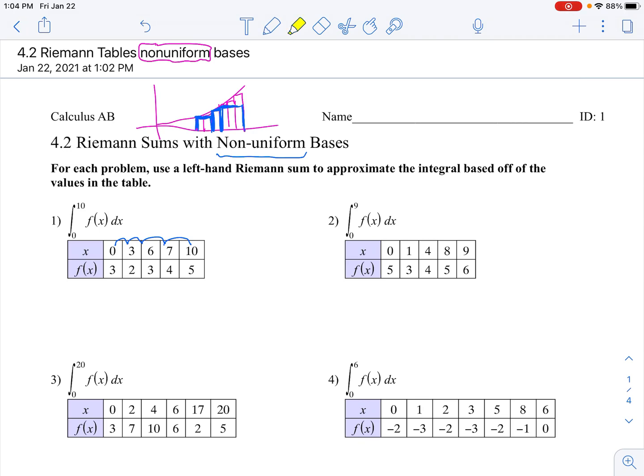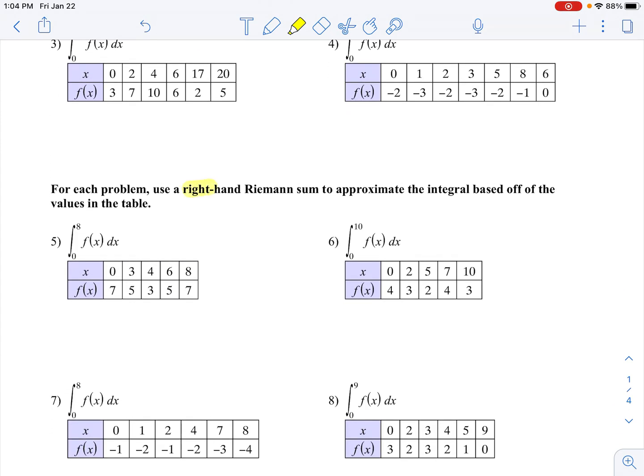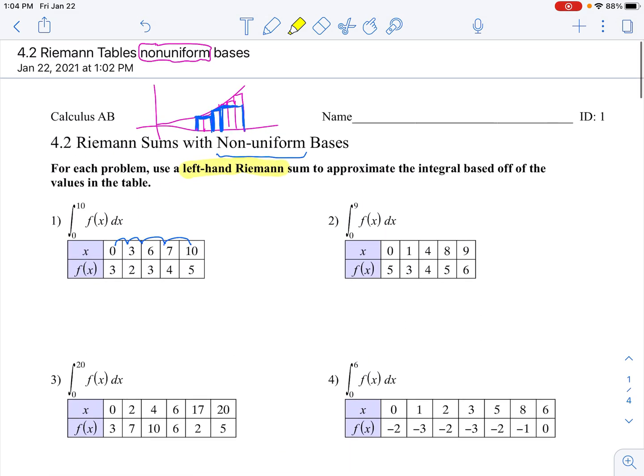Okay. Now the other thing is you see only 2 kinds of problems here. Page 1 is left-hand Riemann sums. And I guess the bottom half of this is right Riemann sums. And that is because when the heights are not uniform like this, think about why on this interval 0 to 3, we may not be able to do a midpoint, right?